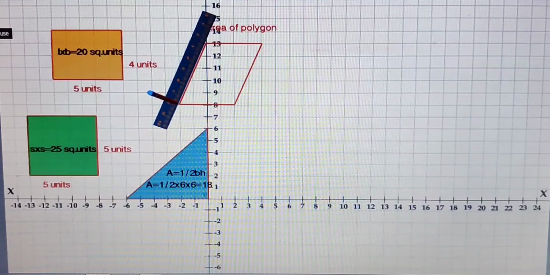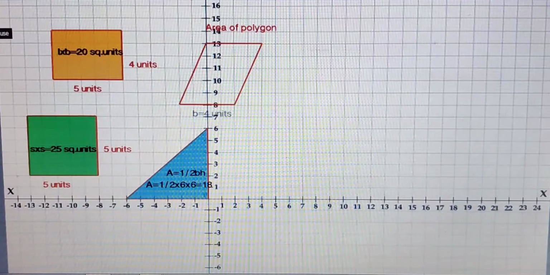The height is 5 units. Base is 4 units and height is 5. It means the area of a parallelogram equals base into height, 5 into 4, 20 square units. This is a parallelogram.